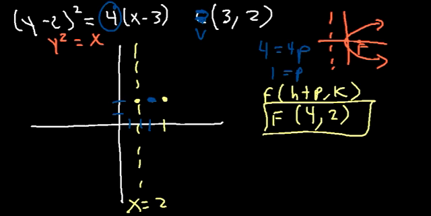So now let's see if we can find some points to graph it. So we have a 4 in front.